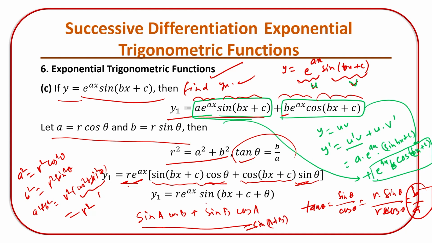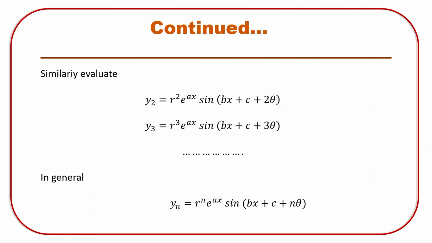So using the same thing, this will give you r into e power ax into sin of the sum, where a is equal to bx plus c, plus theta. So now y1 has come in one term: r into e power ax into sin of bx plus c plus theta, and we know how to deal with this y1.